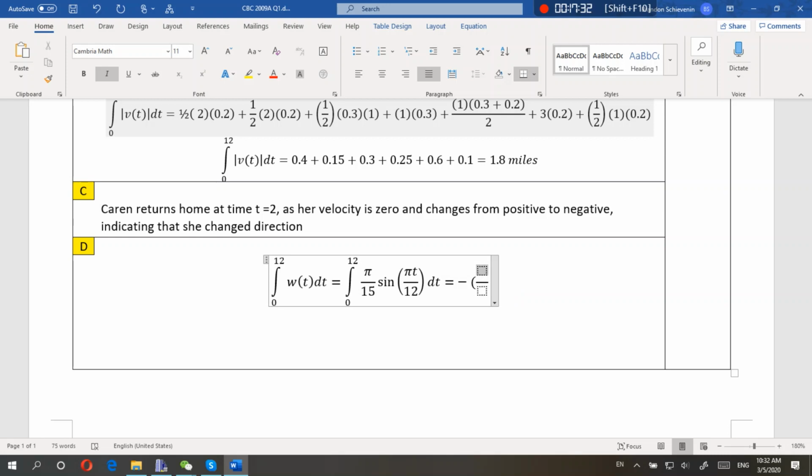So 4 over 5. Okay, perfect. Negative 4/5 times what? Cosine, we should have minus in front, so it's minus 4 over 5 cosine pi over 12t.